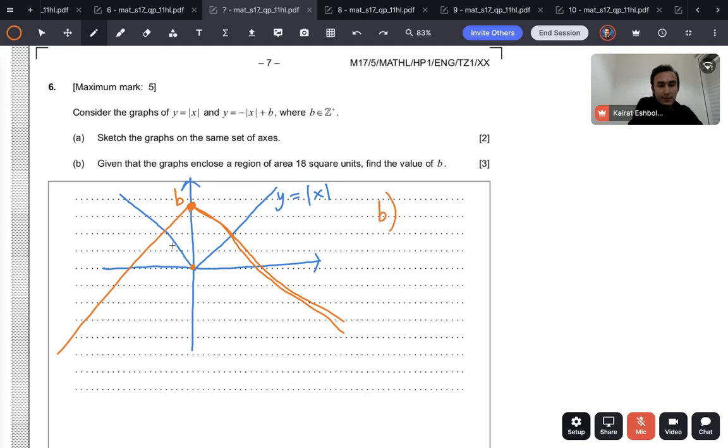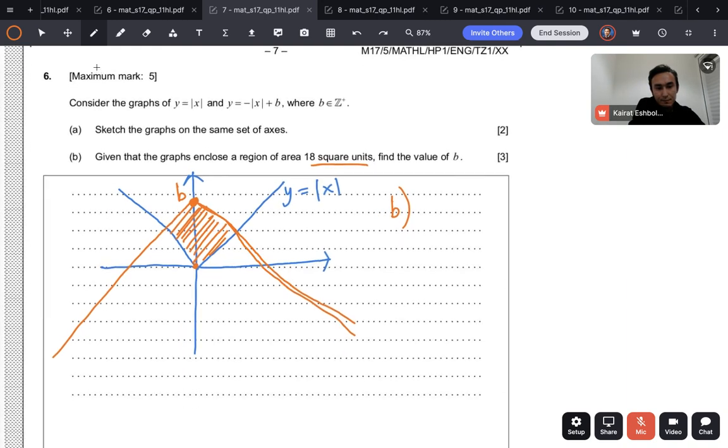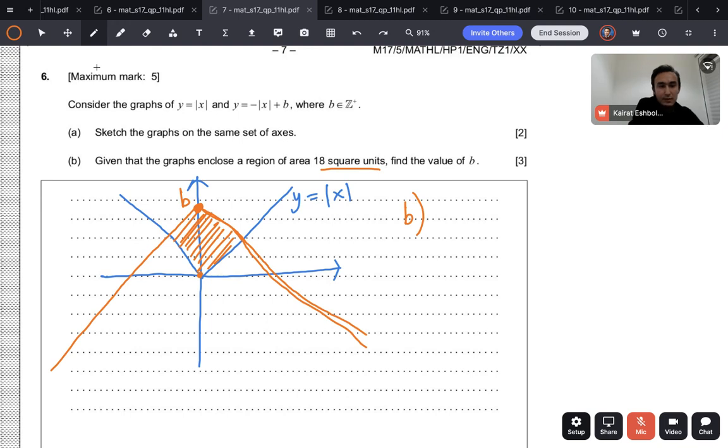Okay, part b is saying, given that the graphs enclose a region of 18 square units, find the value of b. So that means this area is 18, right? But this is actually a square, because all of them are very straight.